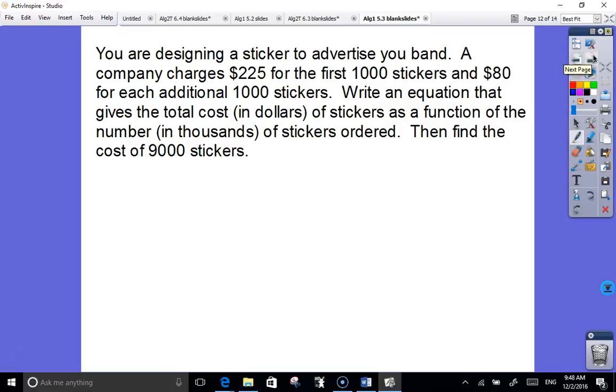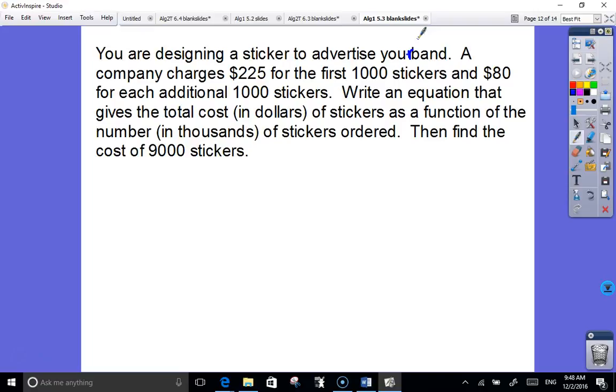Okay, so you're designing a sticker to advertise your band. A company charges $225 for the first 1,000 stickers and $80 for each additional 1,000 stickers. Write an equation that gives the total cost in dollars as a function of the number in thousands of stickers ordered.